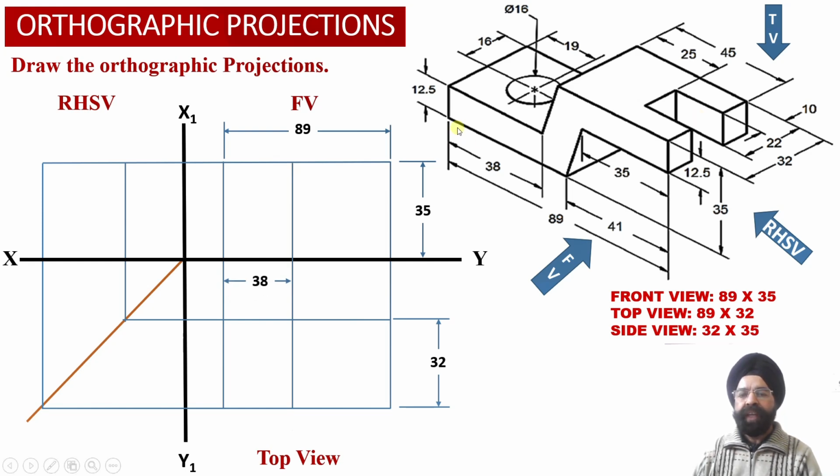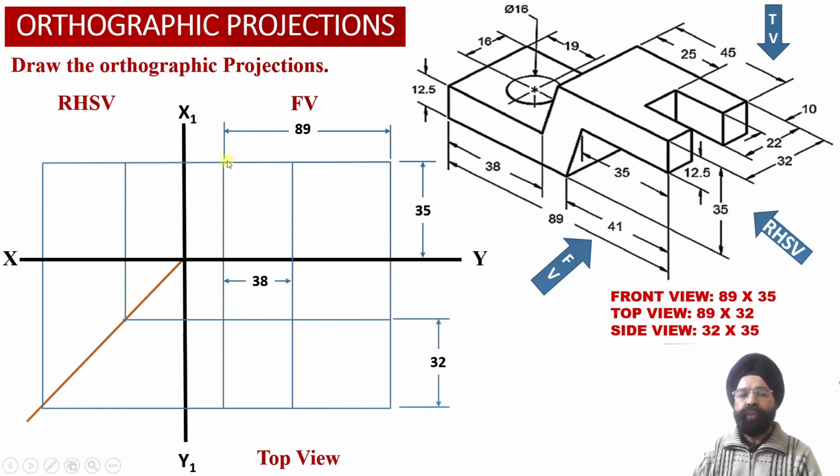Now we can check, we have been provided with the location of this particular point over here in the isometric projection, that is the distance of this point corresponding to the left hand side face. It is going to be located at a distance of 38 millimeter from the left hand side face of the solid over here.